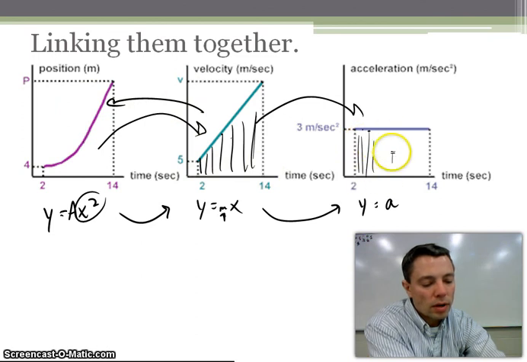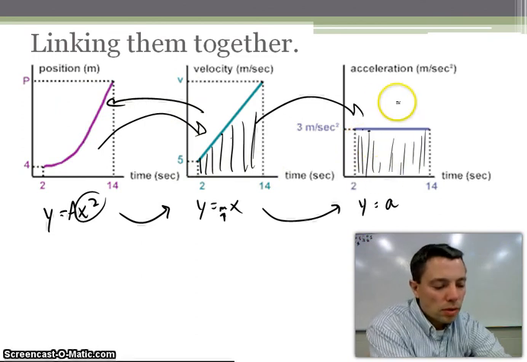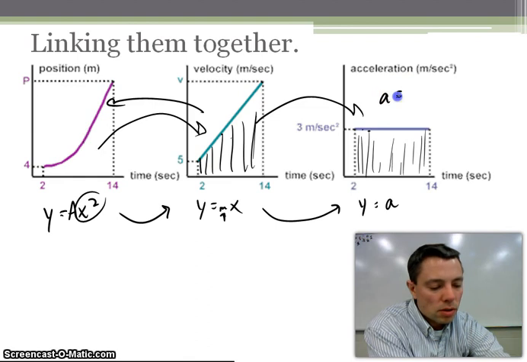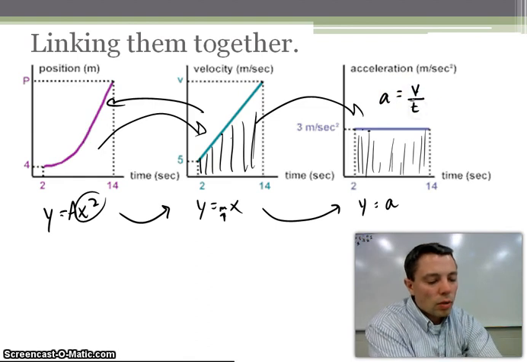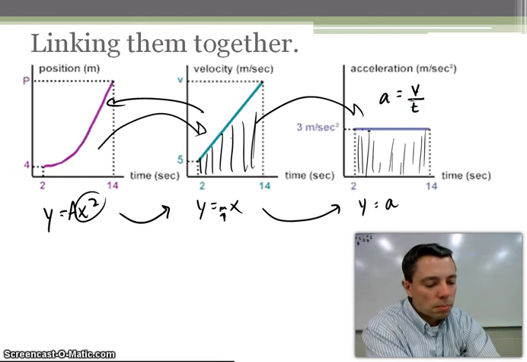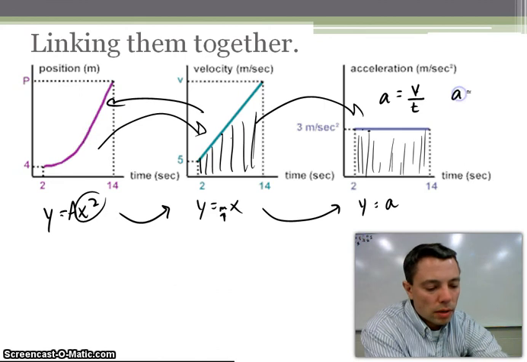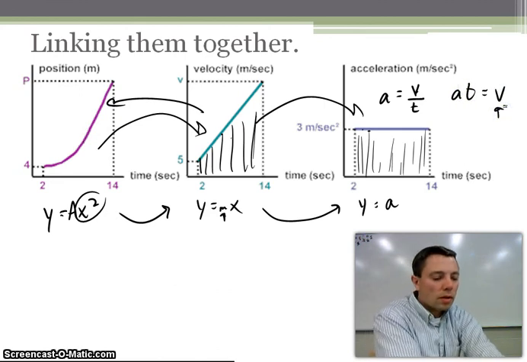If we found the area underneath this curve, we could find our, let's see, if we call this acceleration is equal to v over t, we're actually now taking a times t, which is giving us our velocity. So we're actually finding our velocity based on that.